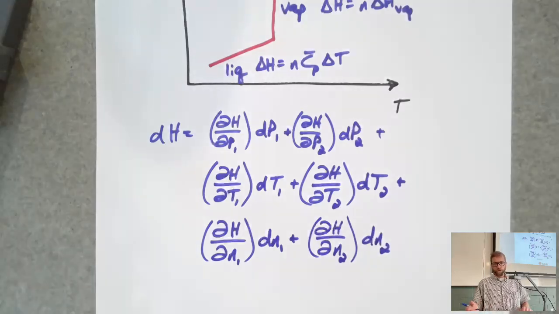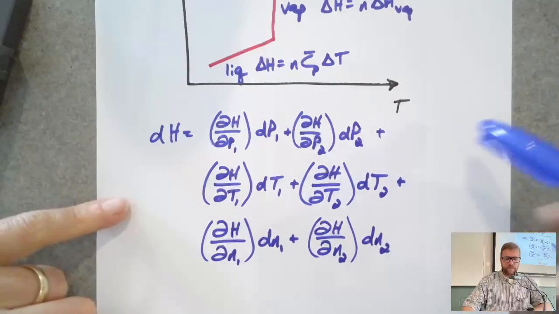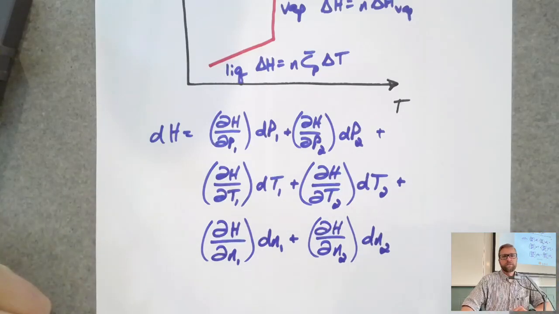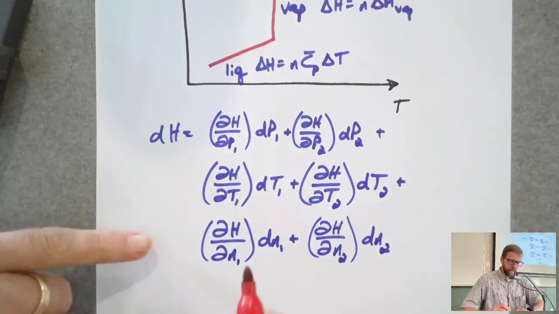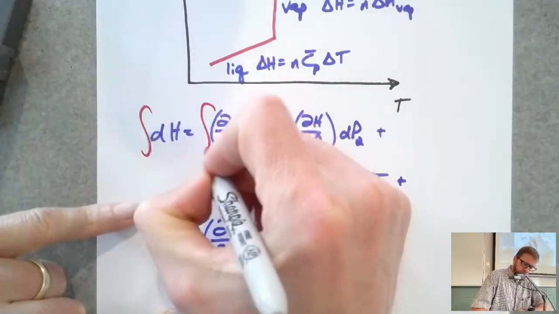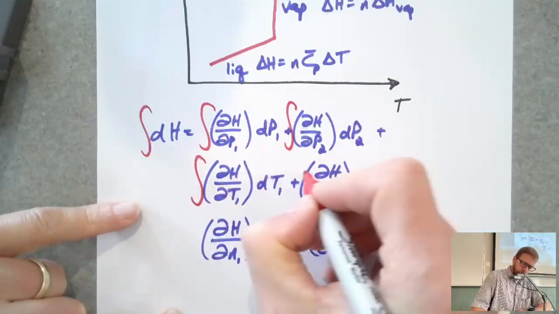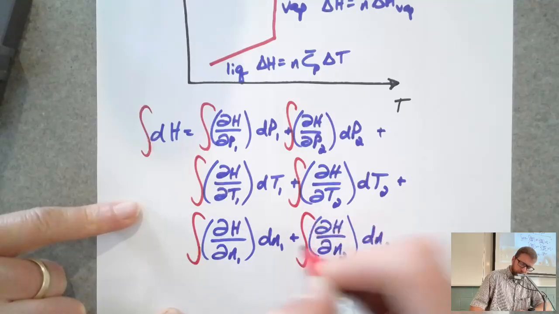All right, now this is for two phases. So we're going through a phase change. If you had three phases, you would have three terms in each of these, right? So typically when we do this, all of the P integrals are 0 because it's done at constant pressure. So when you integrate this, you'd integrate that, integrate that, and so on.